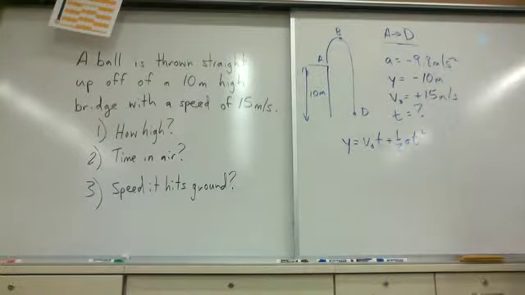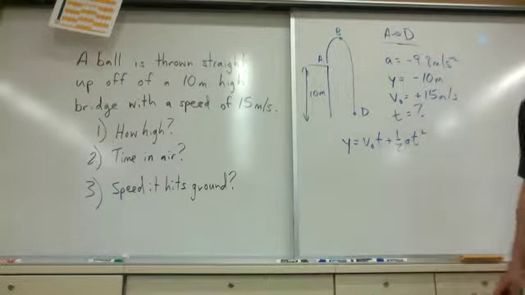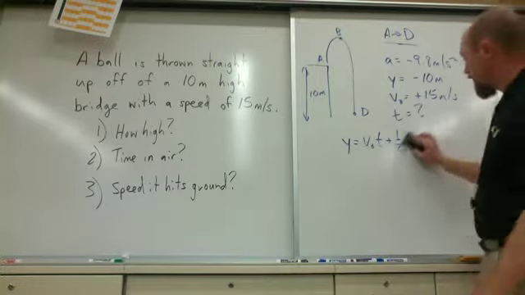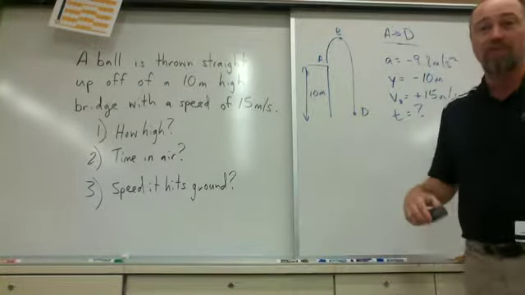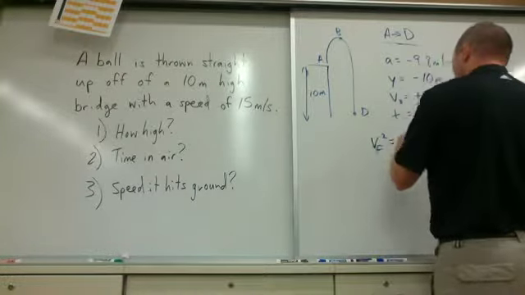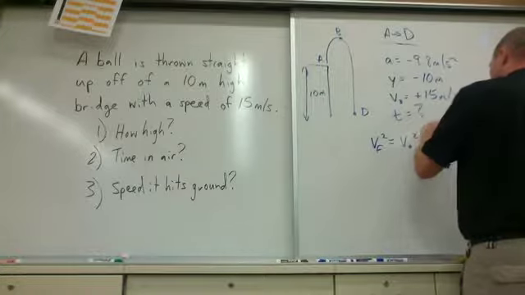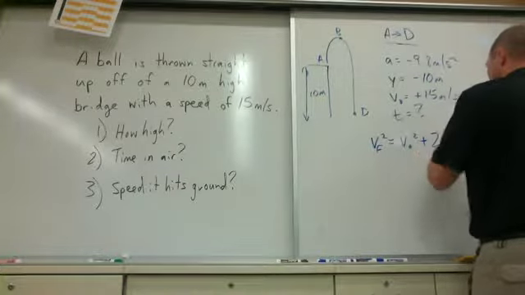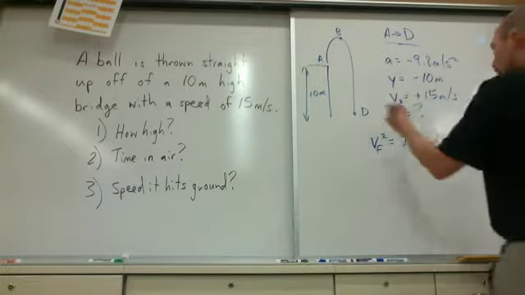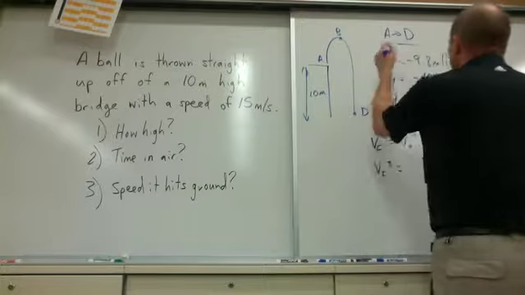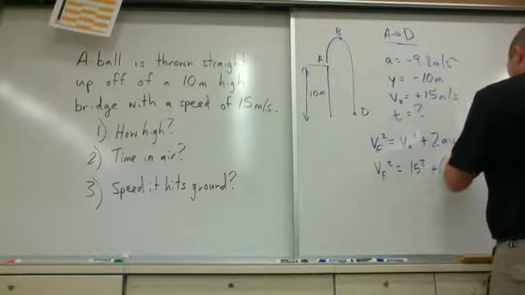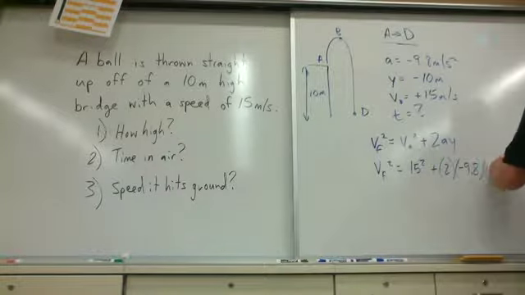Here's the issue, though. If you use this formula, you're going to have to solve a quadratic, and I don't love the quadratic, because I'm not a math teacher. So if you don't love the quadratic, let's not use this formula. Let's use this other formula first, and solve for the final velocity at point D. So vf squared equals 15 squared plus 2 times negative 9.8 times negative 10.